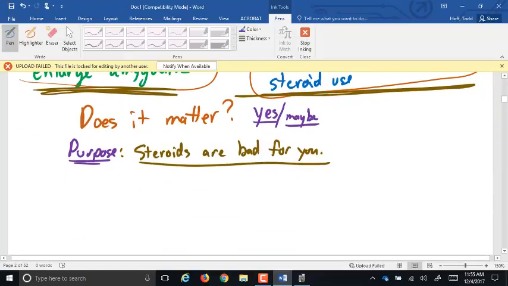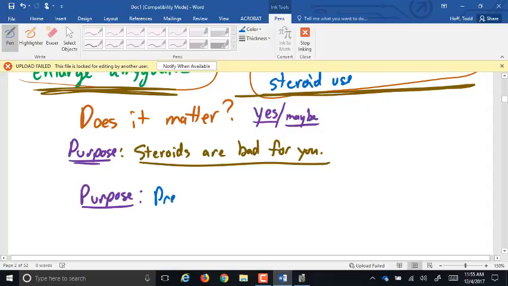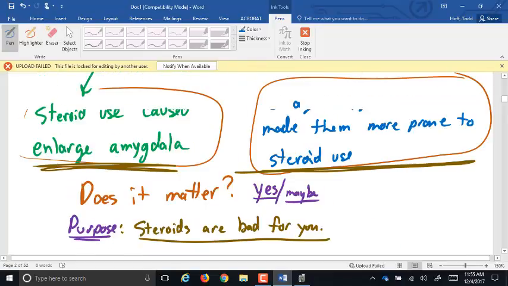What if the purpose, rather than to show that steroids are bad, is to predict a tendency to use steroids? If that were the purpose, then which one would actually be a significant result?